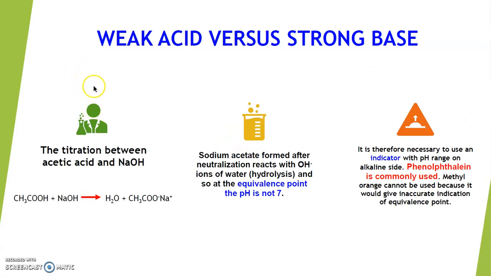Okay, so we proceed to weak acid versus strong base. The titration between acetic acid and sodium hydroxide. Acetic acid is a common weak acid. So at the equivalence point, the pH is no longer 7, it is above 7. Therefore it is necessary to use an indicator. Which indicator to use? Phenolphthalein can be used, while methyl orange is not suitable.